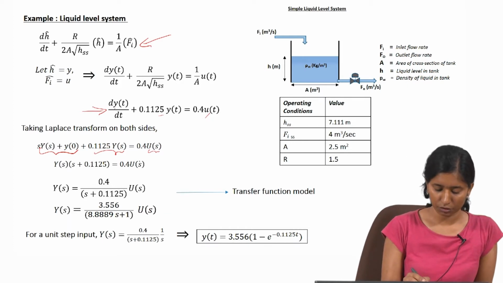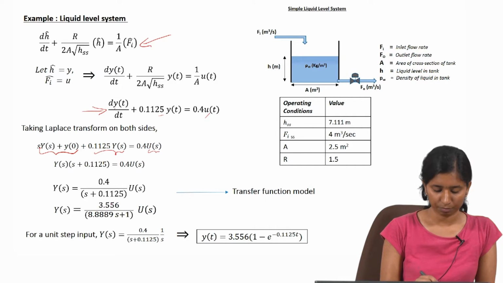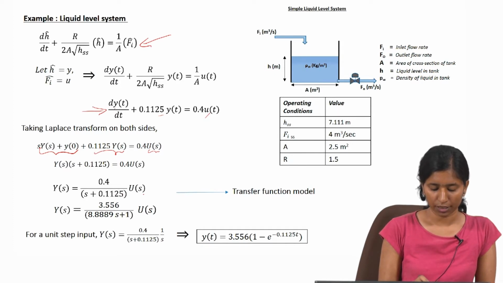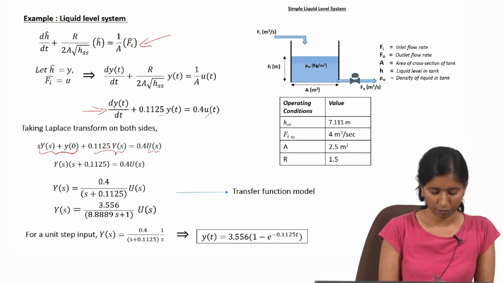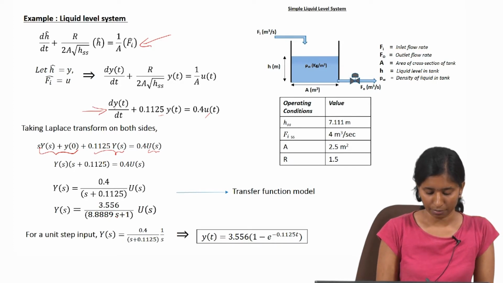And if we do some algebraic manipulations, we will get y of s equal to 0.4 by s plus 0.1125 times u of s, or if we rearrange it, we will get 3.556 by 8.889 times s plus 1 into u of s.